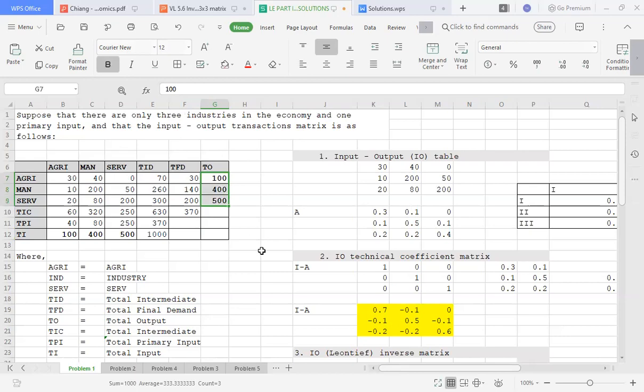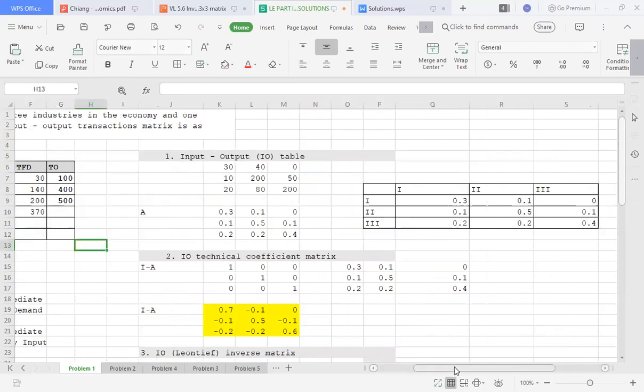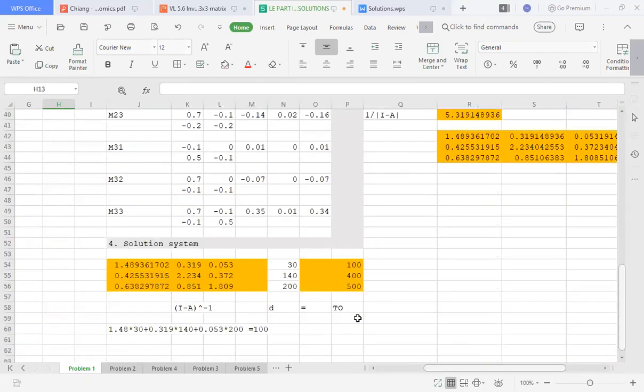your output. Okay? So now, what is again the point that we're making here, even given that we already know the answer? The thing is, this is just to validate, to verify that our inverse is indeed the Leontief inverse. Because again, it will yield the same value as our total output.